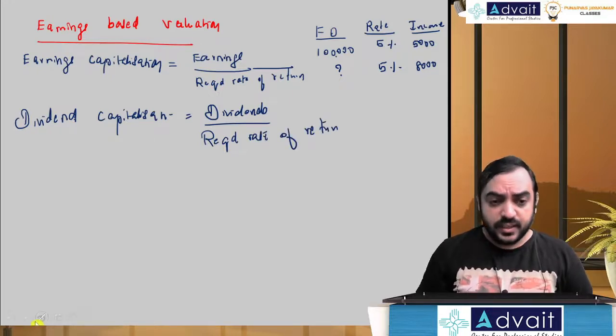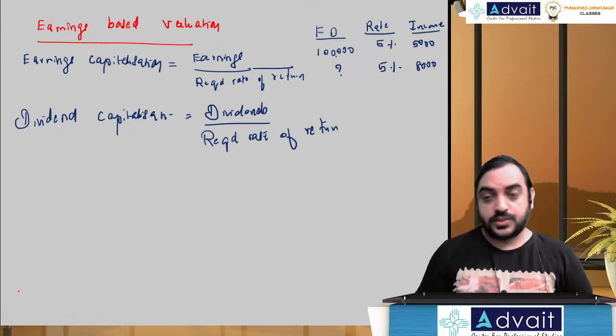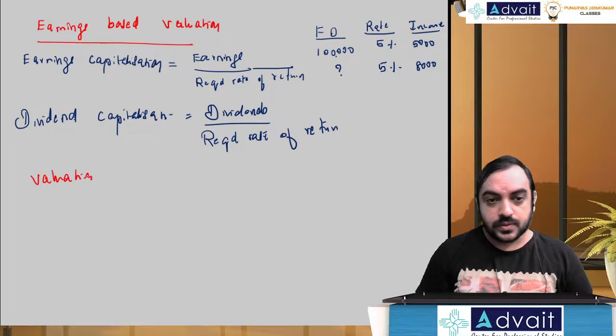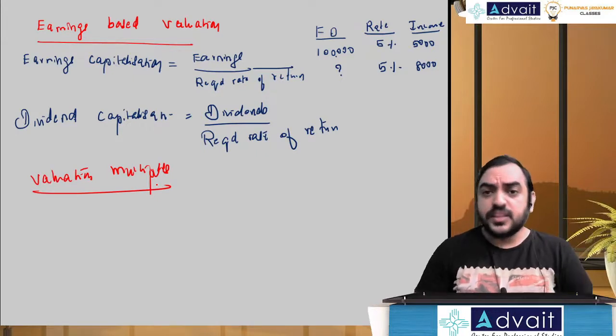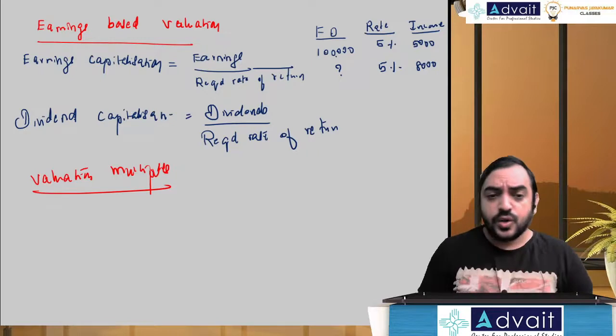Okay. Then we have valuation multiples. This is basically, you can say, relative valuation. The most important valuation multiple is the PE ratio.